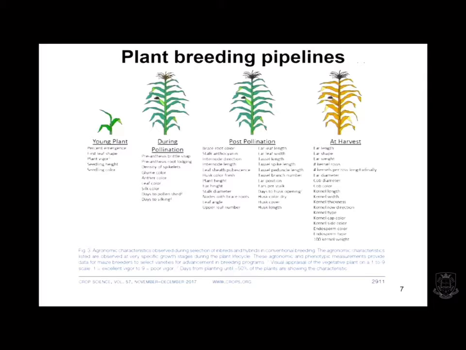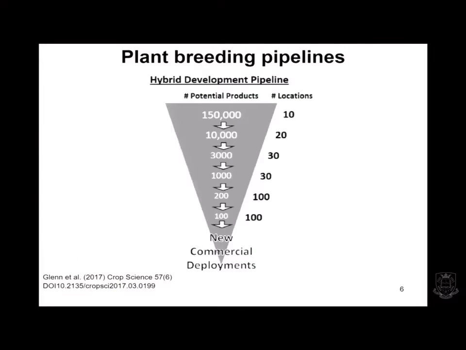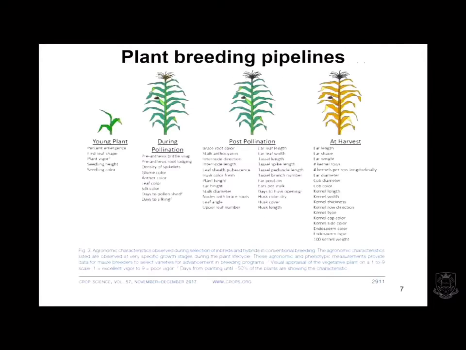So I said they're scored. This is what maize breeders would be scoring. So they score them at multiple stages of development for multiple traits. So just think about that page there. 150,000 plants for all of those traits.